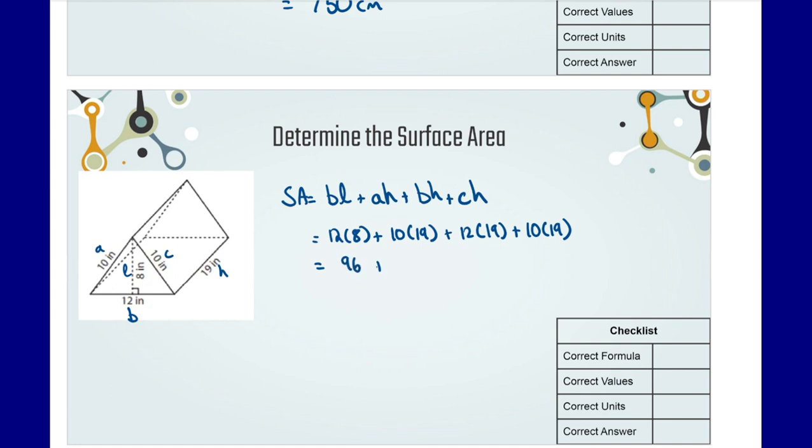So going through and simplifying each one. Again, you could probably just do that all in one step and then add them up. I'm showing step by step just so that if you made a mistake, you can work back through it. So 704 inches squared.